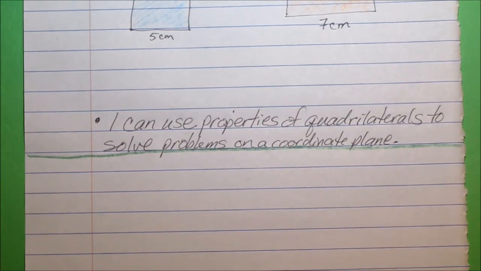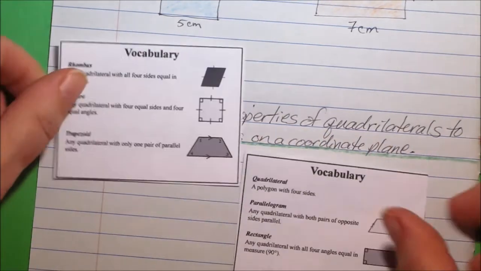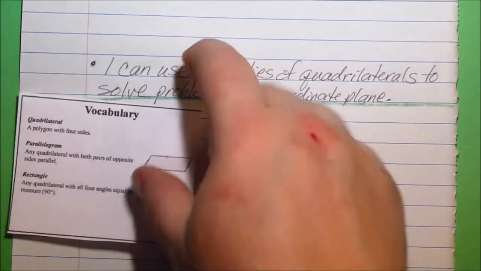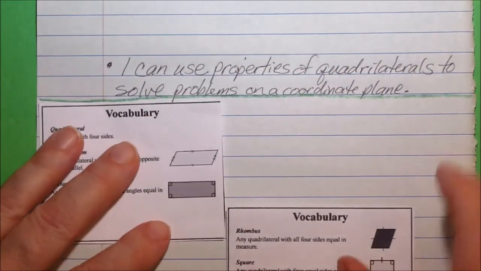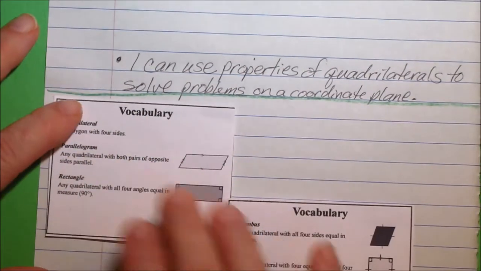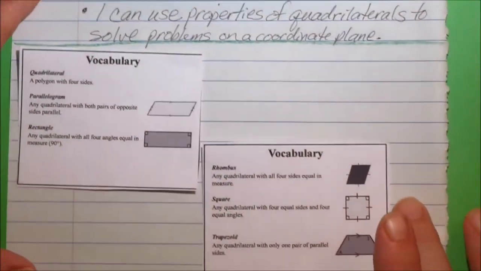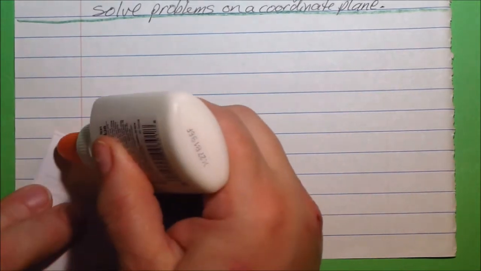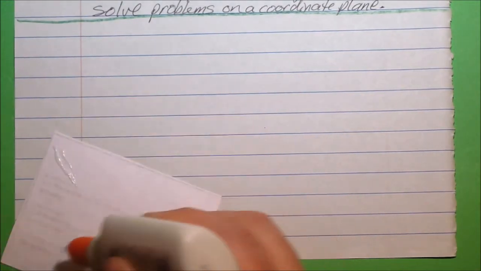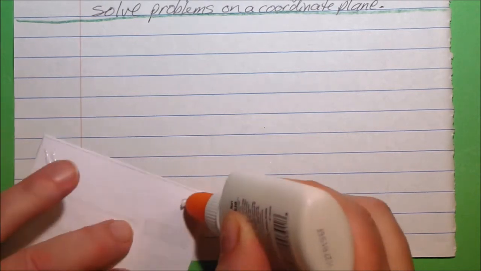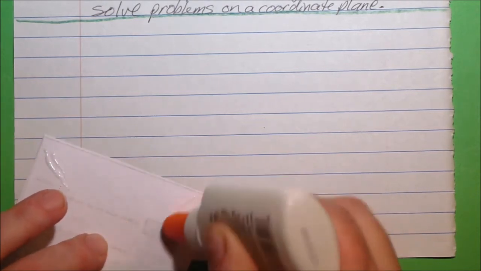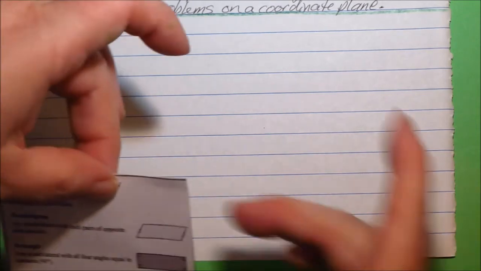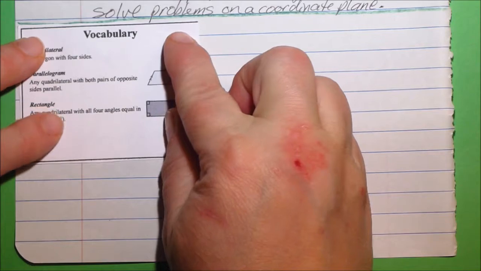So that means we need to go over some vocabulary. We have two notes. I put this one up there first, and then this one slid down, glued. Here we go, like that. Okay? All right, so let's do this one first. I'm putting it all the way up in the farthest corner here.